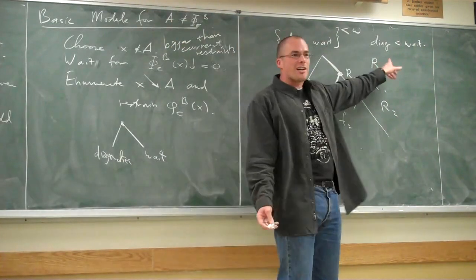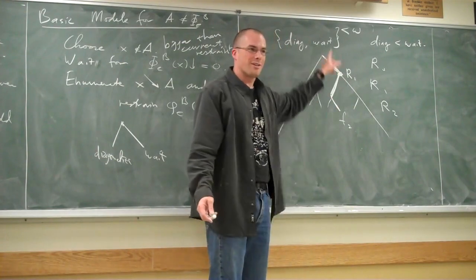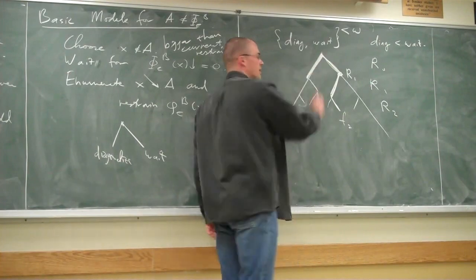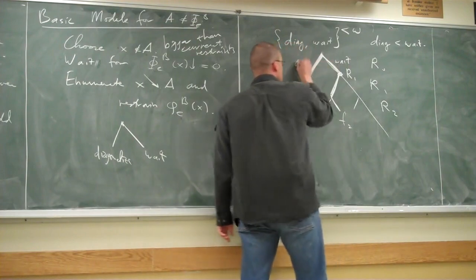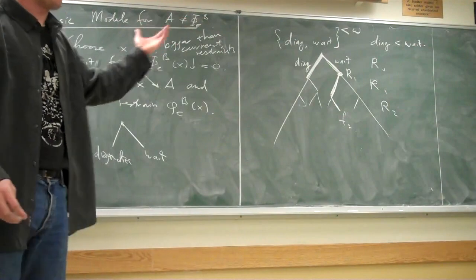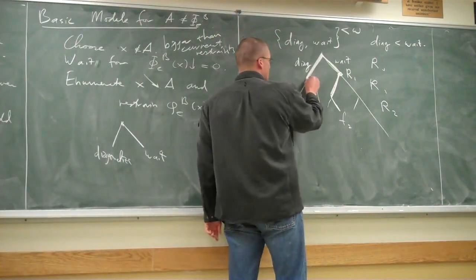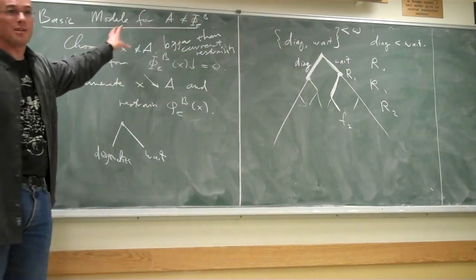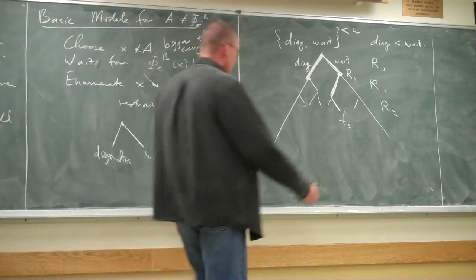But as soon as R0 acts, then our approximation of the pattern of things which have acted so far would change to go to the other side. R0 would go from wait to diag. It would act and change its outcome. And then we can associate to this node just a completely fresh basic module for R1, which starts, picks a new witness, and goes on like this.